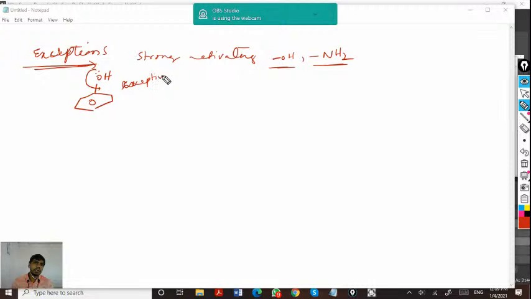That's why we call them strong activating groups. When there is an extensive increase of the electron density, it attracts the electrophile more. So it will not stop at attracting a single electrophile; it is going to take up electrophiles repeatedly.